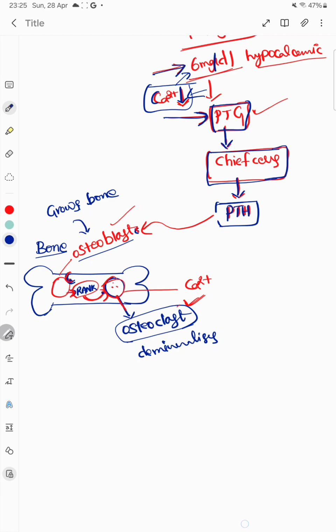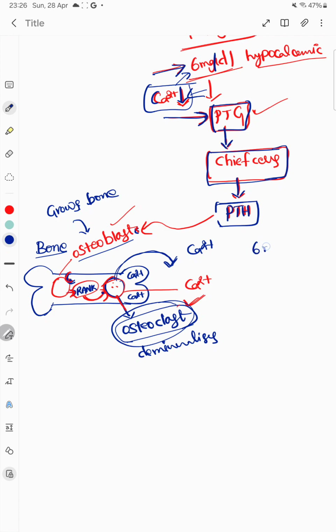Now this osteoclast activates, and already some calcium is stored in the bone whenever you have excess. So that is an interesting thing. Whenever you have excess of calcium, the bone stores the calcium. So this stored calcium will be taken up by the osteoclast and released whenever you have low calcium levels. Now the calcium is coming out from the bone into the blood.